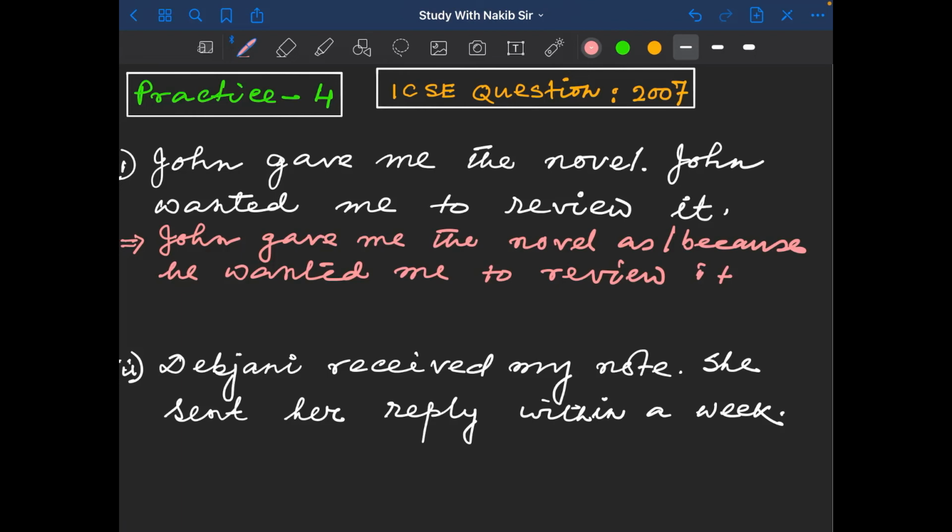Okay. So John gave me the novel as or because he wanted me to review it. This is your combined sentence. This is your answer to the first question.